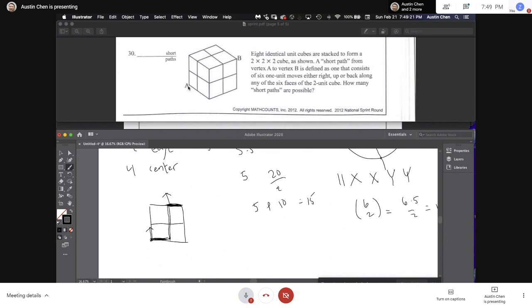We would be going up once on the A, and then we go through, so then we go 1x, and then we go 2y's. But because we're going 2y's on here, we're going through the cube. That was because we only went up one, we only had one z move, right?